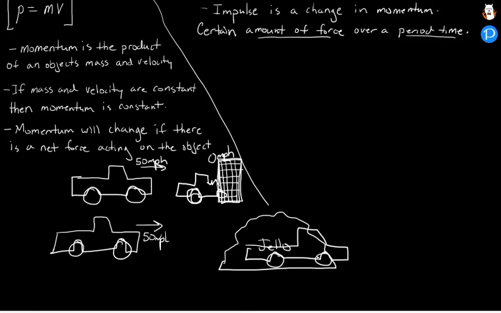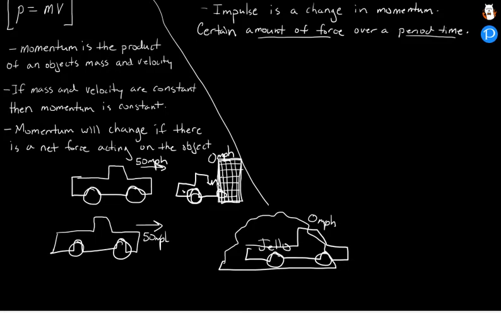And so in each case, we see that the impulse is actually the same, because the velocity is changing from 50 to 0 miles per hour in both.